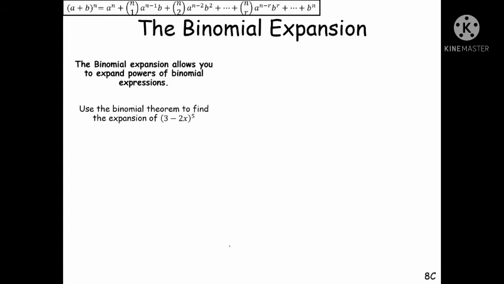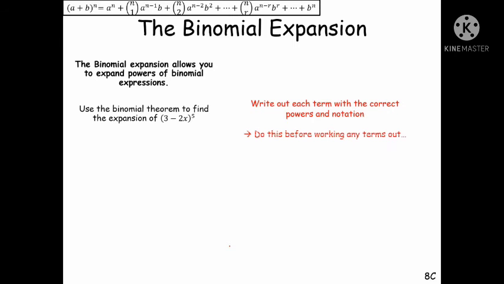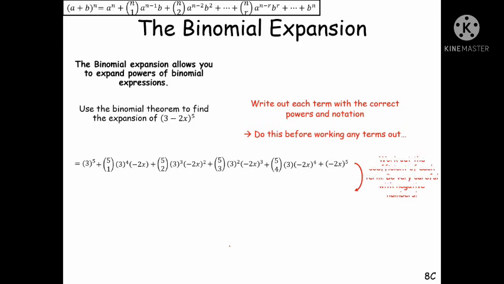So here's an example. Example number 1. Use the binomial theorem to find the expansion of (3 minus 2x) all to the 5. We'll write out each term with correct powers and notation before working out any terms. Then work out the coefficient of each term.